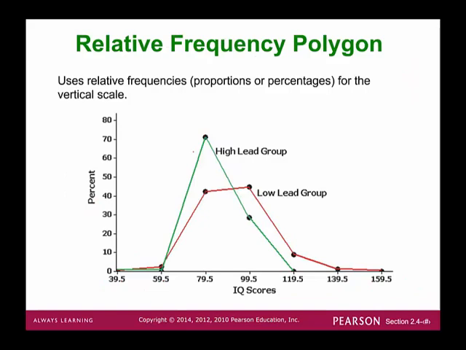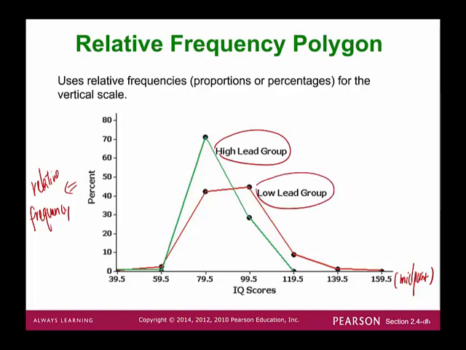We also have a relative frequency polygon. Again, on the horizontal axis, it's still the midpoint, and the vertical axis becomes a percentage, which is what we call the relative frequency. If you look at the lowland group, using the relative frequency polygon, we can easily compare the highland group versus the lowland group.